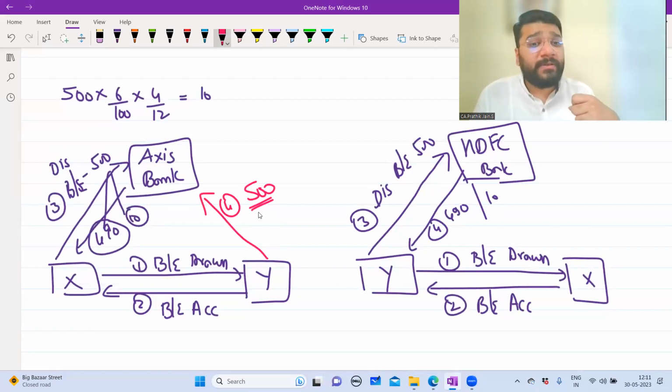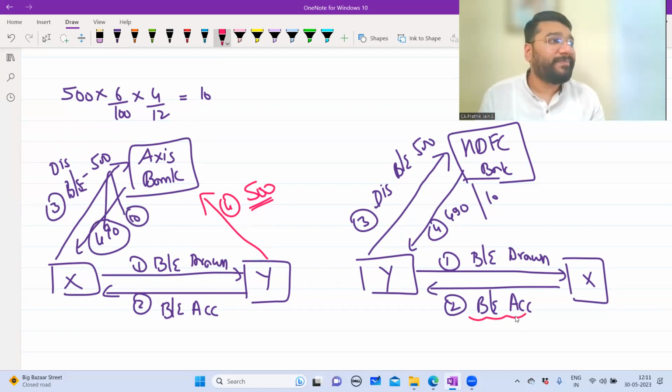For this 500 rupees, if Y has to make the payment to Axis Bank, first of all, Y has to receive it from X. But here, X has given the money not in the form of cash. He has given it in the form of bills. X has accepted to pay the money in future, so he's giving you a bill.